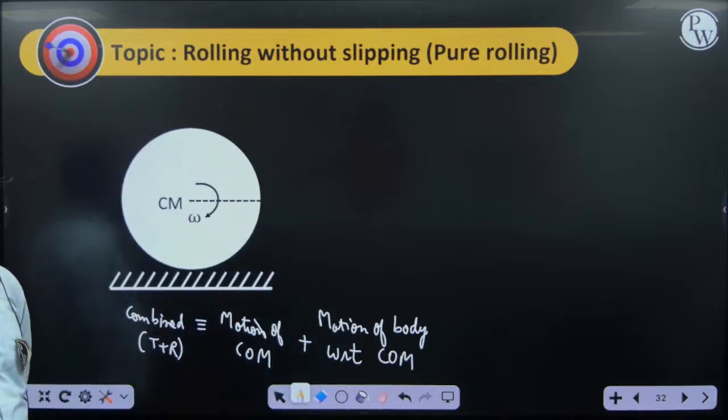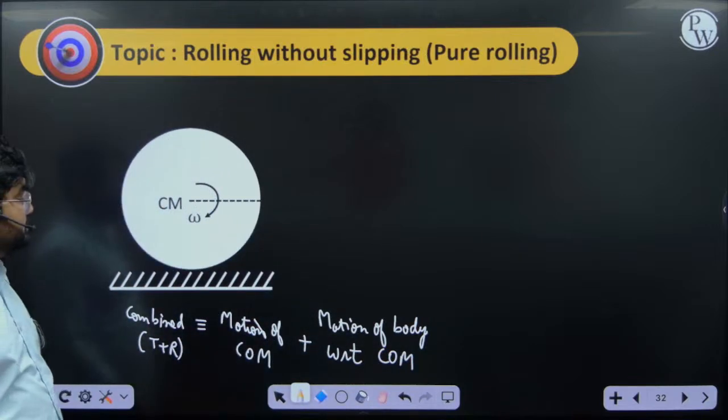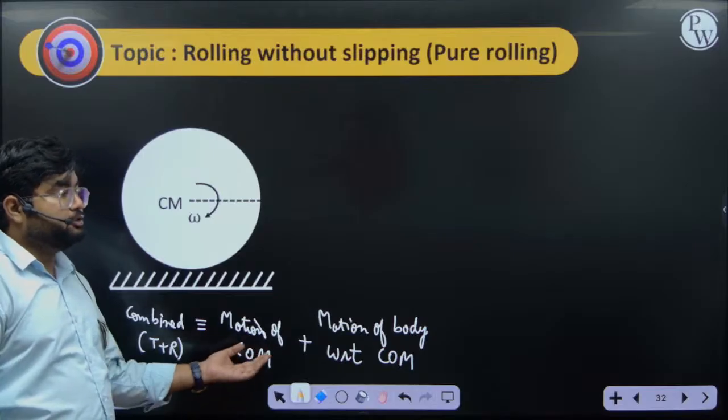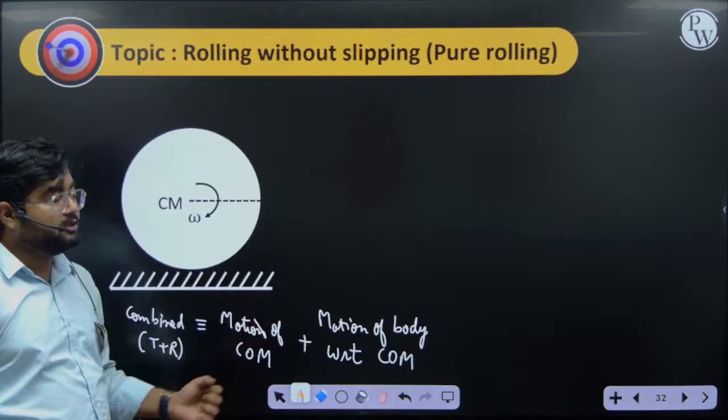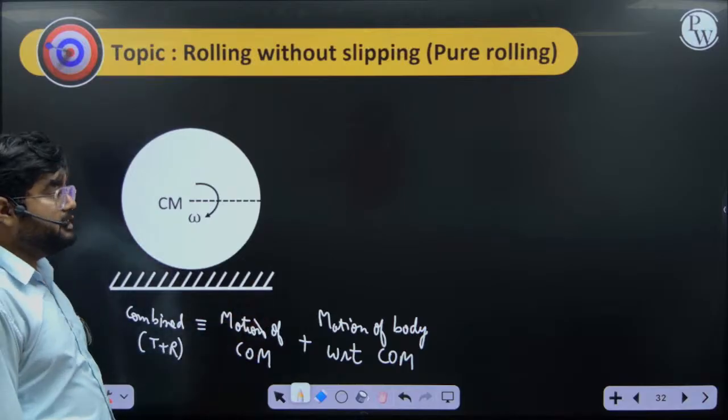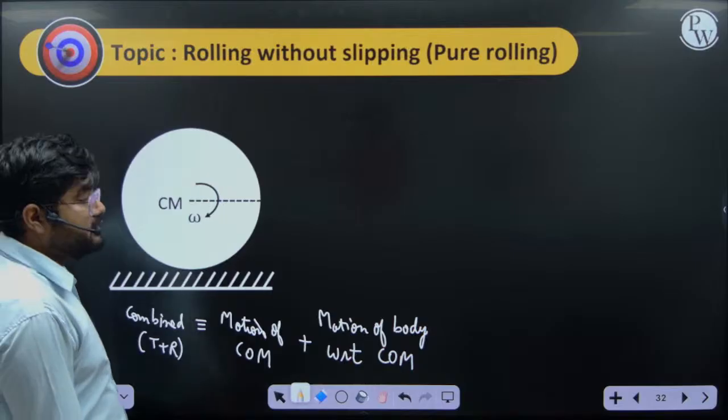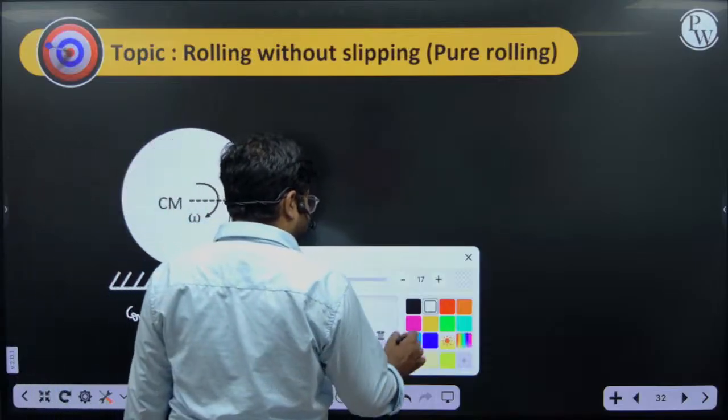So for combined translational plus rotational motion, we need to combine these two, and then we can see the combined effect.